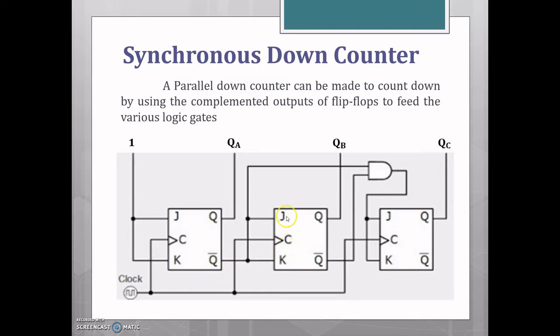So here JB is equal to QA bar and KB is equal to QA bar. And for JC and KC, the input is QA bar and QB bar. So that is the only difference. And again, a common clock for all the flip-flops.